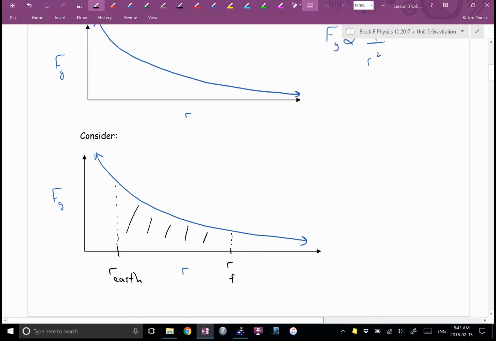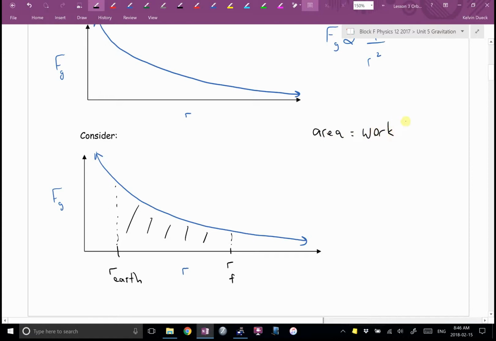And what kind of a graph is this? What versus what? What's on the y-axis? Force of gravity. Gravity, that's on the y-axis. What's on the x-axis? So this is a force versus distance graph. What does the area tell me? Work, but now I'm going to be even more specific. The area here is the work.